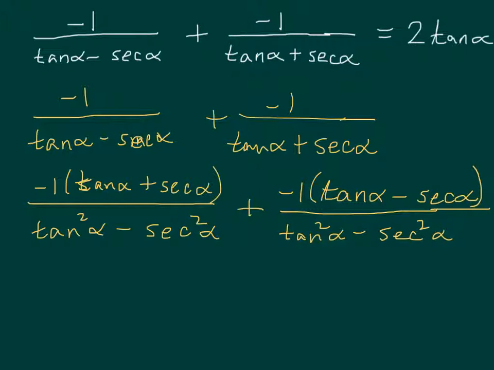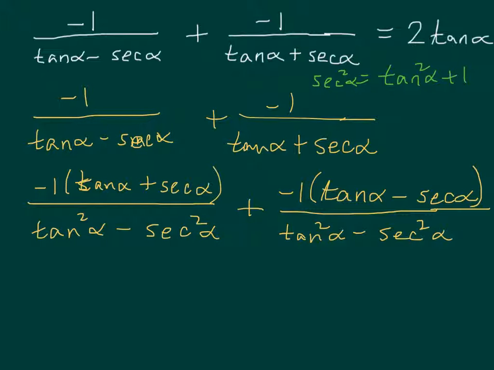Okay, so let's think about this tangent squared alpha minus secant squared alpha. Let me change colors here for just a moment. So we have an identity that says tangent squared alpha plus 1 is equal to secant squared alpha. That's our identity. It's the usual form for that to be written in. So secant squared alpha is equal to tangent squared alpha minus 1.